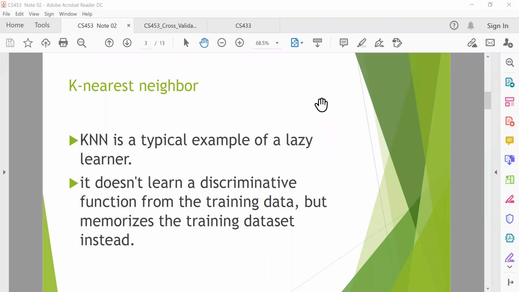So if you recall previously, a number of the learning models that we learned are regarding gradient descent, regarding cost function. So try to minimize the cost function.